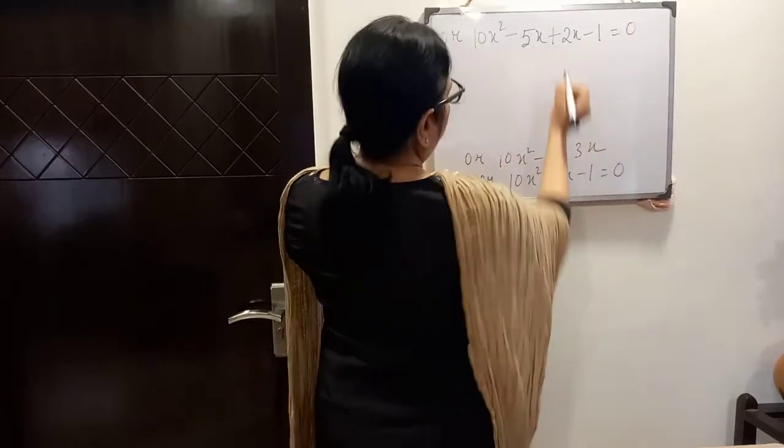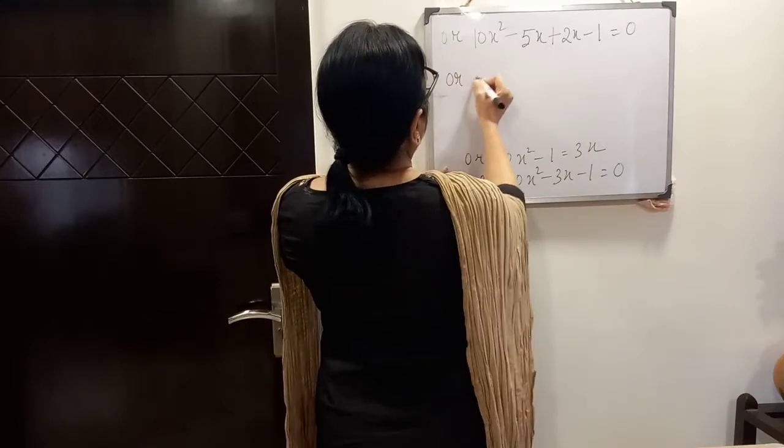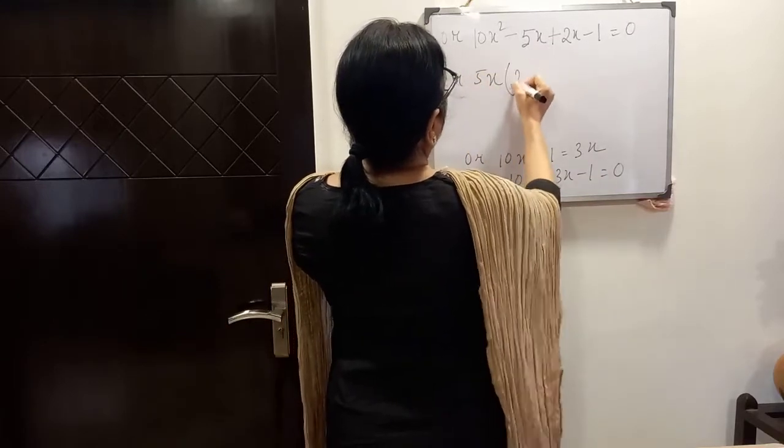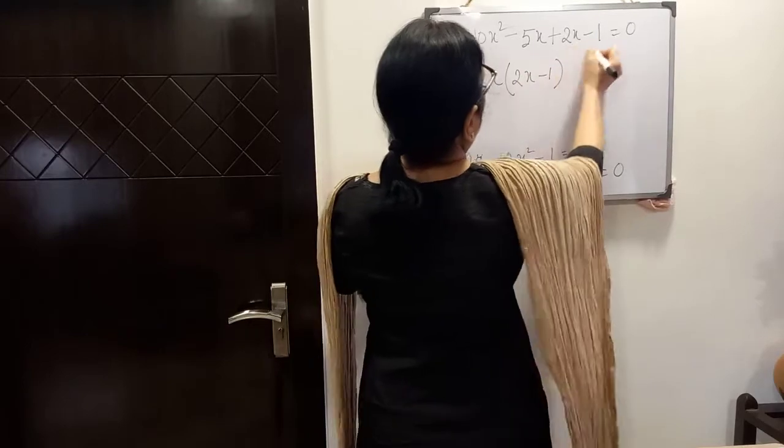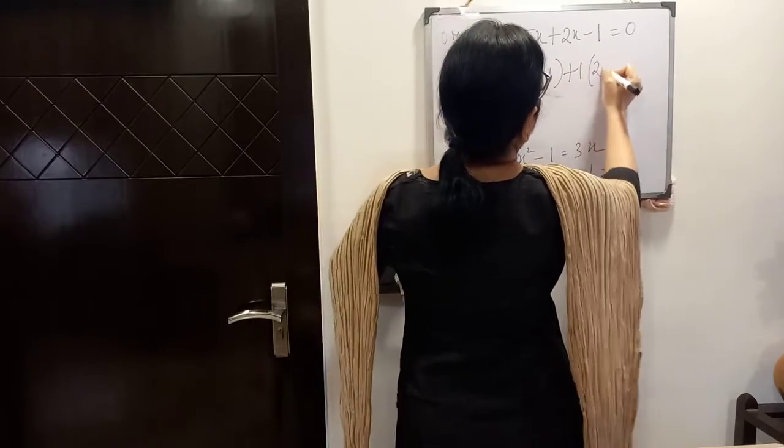Now we will take 5x common. So it is becoming 2x minus 1. From these two, 1 only is common.